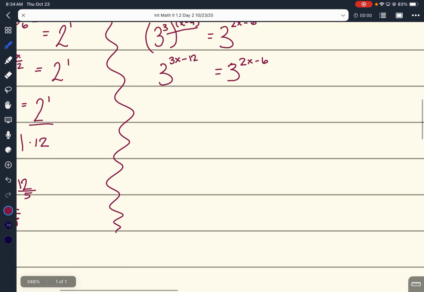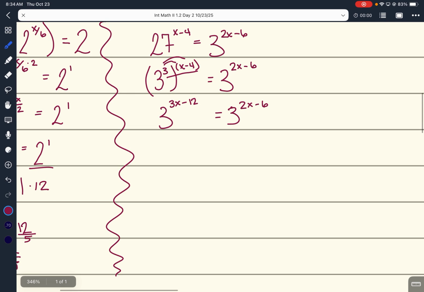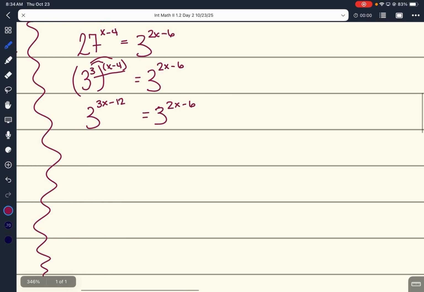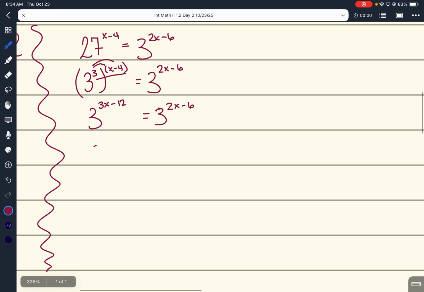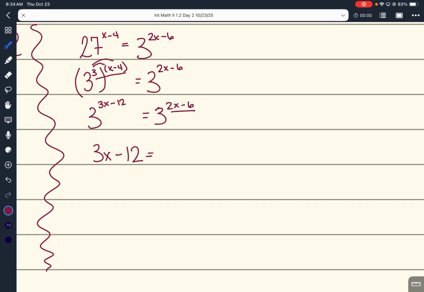Exponents are equal. So are we ready to set the exponents equal to each other? Yes. So 3x minus 12 equals 2x minus 6.